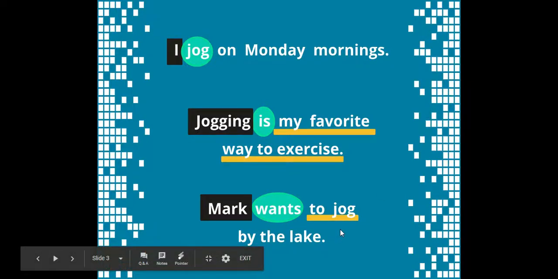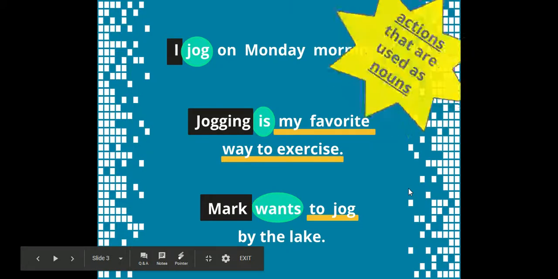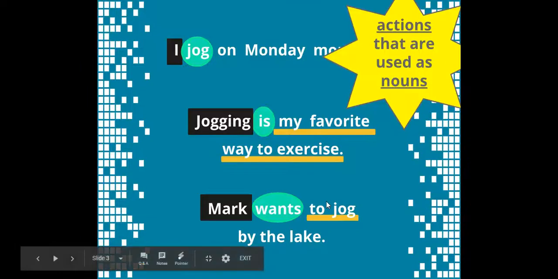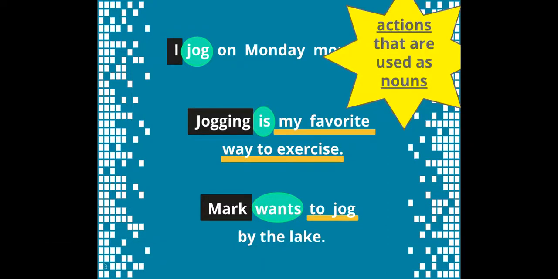By the lake. So here we have the action jog being used as an object, right? What does he want? He wants to jog, right? So gerunds and infinitives are actions that are used as nouns, right? Actions like jogging and to jog being used as nouns.